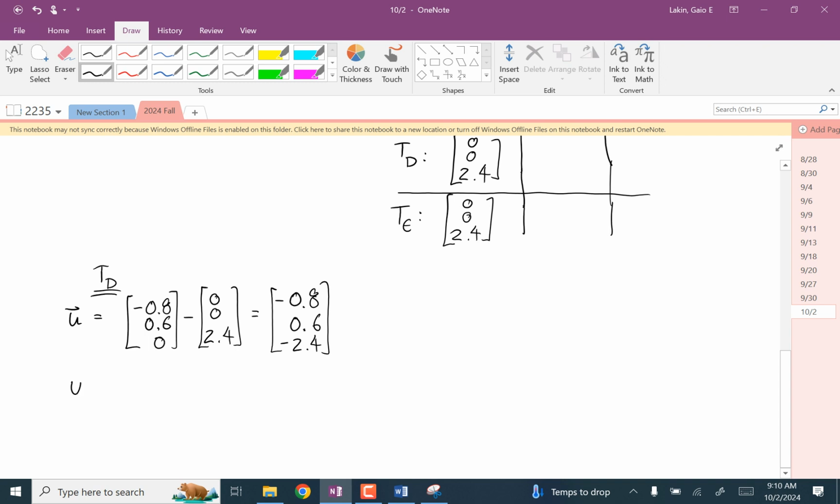And now we want the unit vector in that direction. Okay, so 0.8.